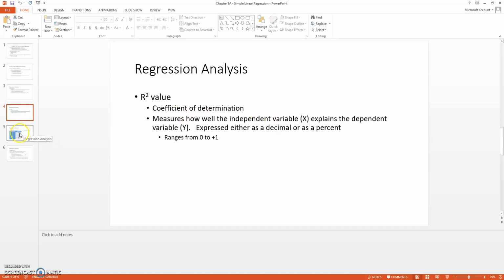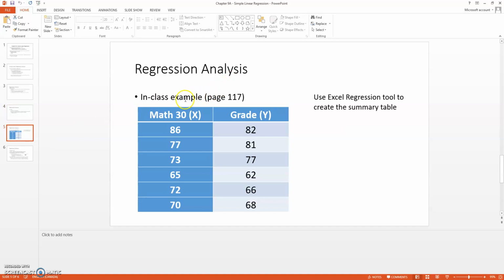So we're going to go over an example to show how we're going to find and interpret all these values. So this is a basic example. I'm not sure if it's on page 117. We're going to use Excel's regression tool to create that summary table. So this is data of 6 observations, Math 30 high school grade, with anticipated Y being a grade in a stats course in university.